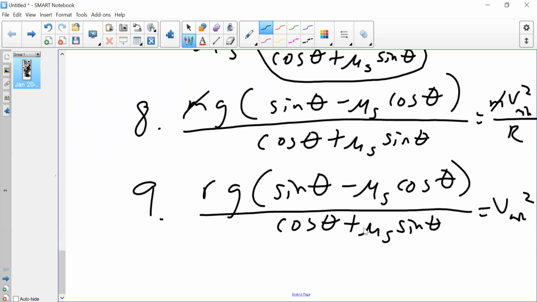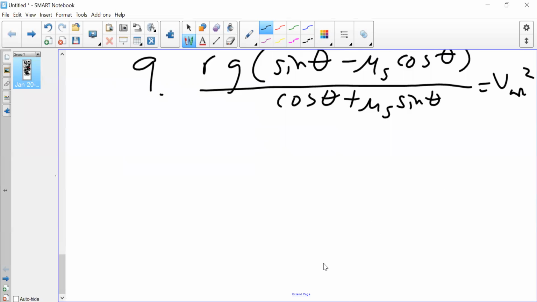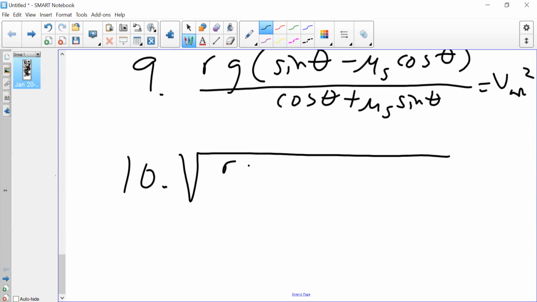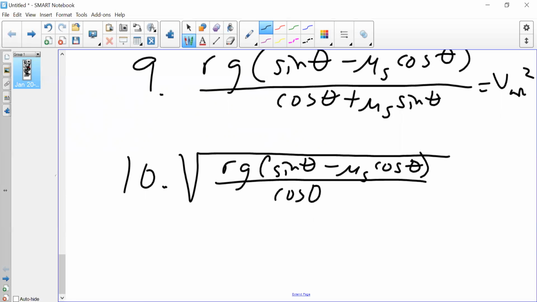And that's it. That's my minimum speed. And it's minimum because the radius will be smaller, as I said, as the car slides down. And we show that mathematically.